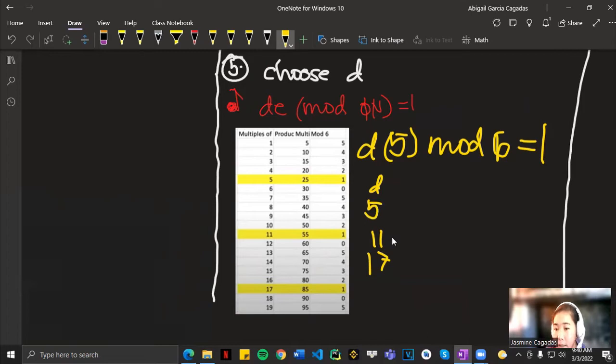For this example, we would use 11. But in real life equations, the higher the number, the better. Since 11 times 5 is 55, and 55 divided by 6 is 9 with a remainder of 1, I will choose 11. We could also choose 5 or 17, but for this example, we choose 11.